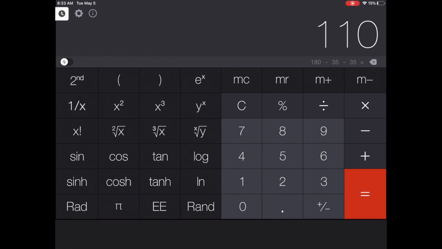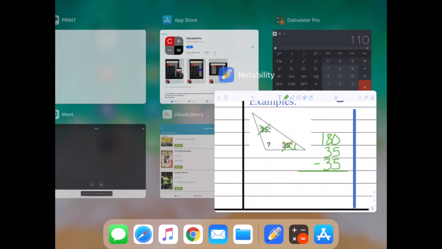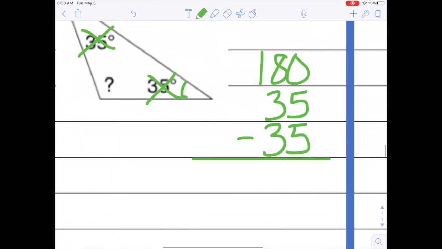And my answer is 110. So I'm going to write 110. Don't forget to put the degrees symbol on your answer. That's our label. So that means that this angle right here that's missing is 110 degrees.